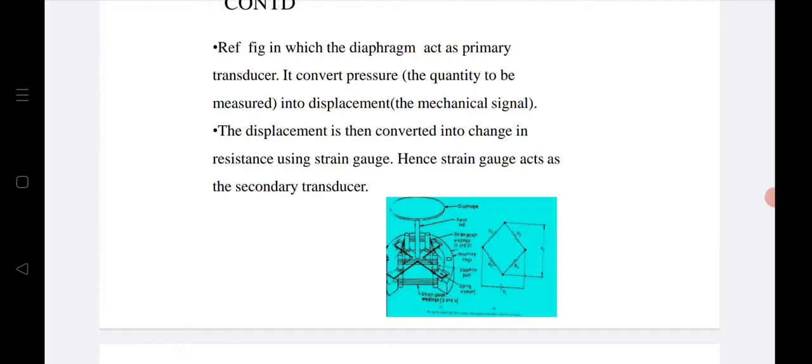The displacement is converted into a change in resistance using the strain gauge. Hence the strain gauge acts as the secondary transducer. So the diaphragm is the primary transducer, whereas the strain gauge is the secondary transducer.